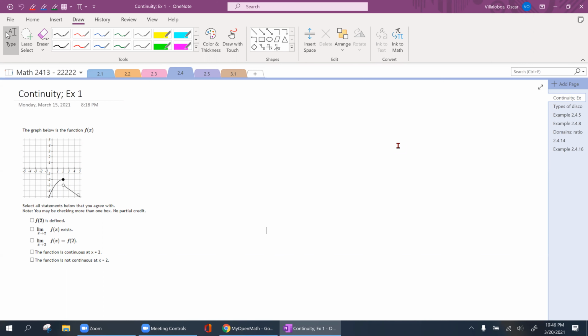We're going to continue with a concept we were introduced to in the previous section, where a function is continuous. For a function to be continuous, it has to be smooth. In other words, you have to be able to draw a line without picking up your pen.